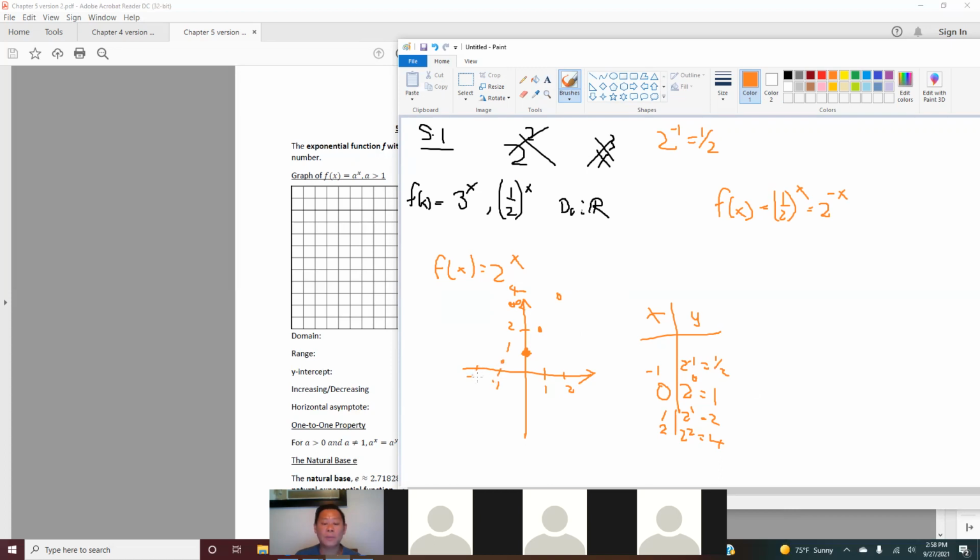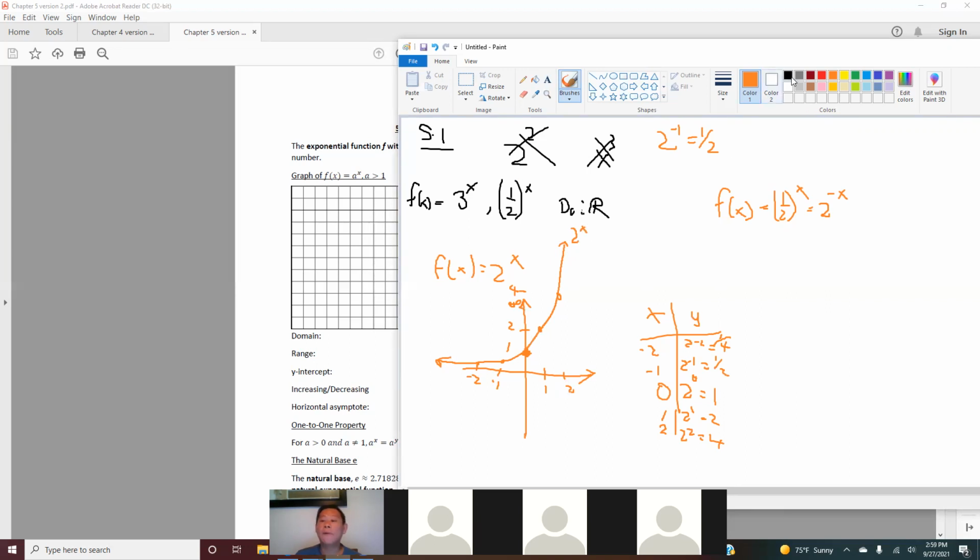And what happens when you plug -2 in here? 2 to the power of -2 is 1/4. So the value here is even smaller. So this graph that I drew here is for y equals 2^x.